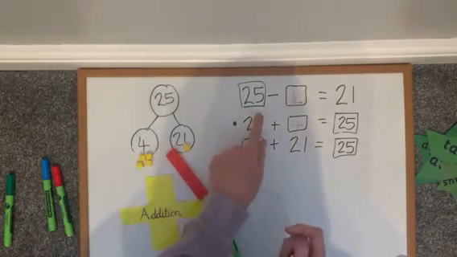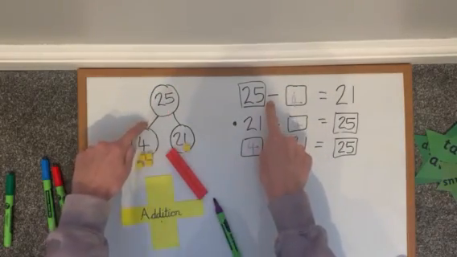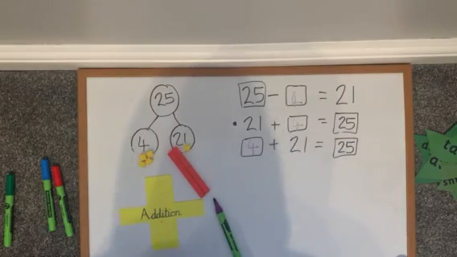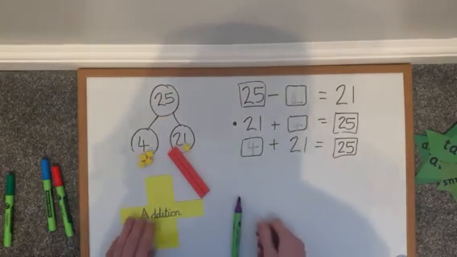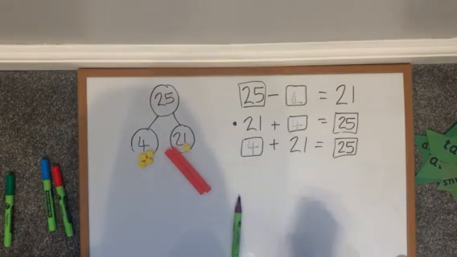But I also know if I went back to subtraction, 25, take away the 4 would leave me with 21. Okay, so they have a link, it's called the inverse. So today you're going to use addition to help you work out these subtraction number sentences.